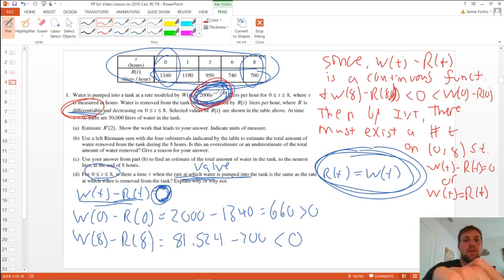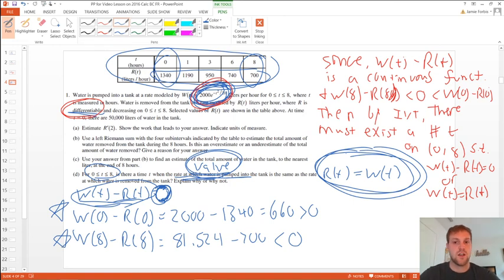So that was kind of a stretch, I know, but the idea was to first recognize that they are asking about a value of a function, and so that's IVT, a value over an interval where we have two endpoints, so not a rate of change, so it's not going to be the mean value theorem or Rolle's theorem. And since we're talking about two functions, we had to discuss it as W of t minus R of t. So I looked at one endpoint with 0, one endpoint with 8, and I discussed the continuity.